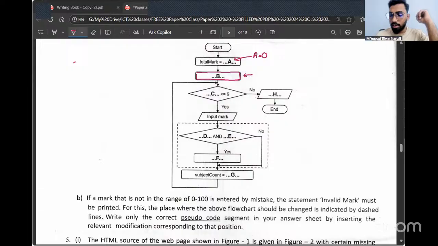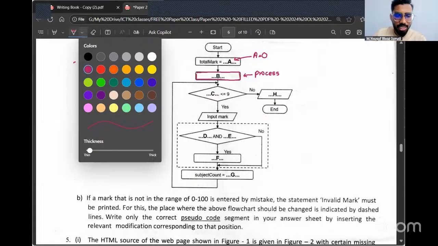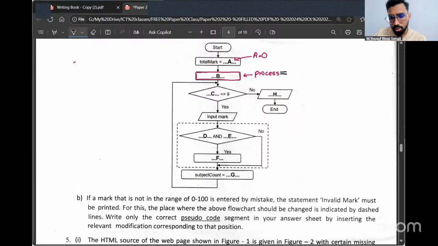Yes, in a flowchart, we use a rectangle to represent a process. Mostly in a flowchart, a process always represents an equation, like for example, x equals this, y equals this. Currently, we don't know what the equation is, so I'm going to keep it as it is and move forward. We can't guess what type of equation it is with the data we have.